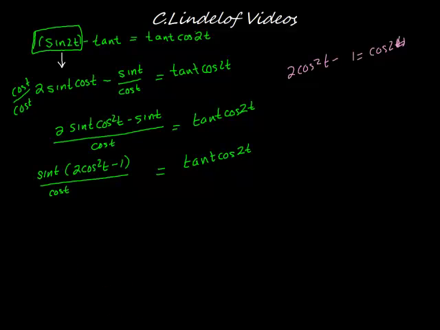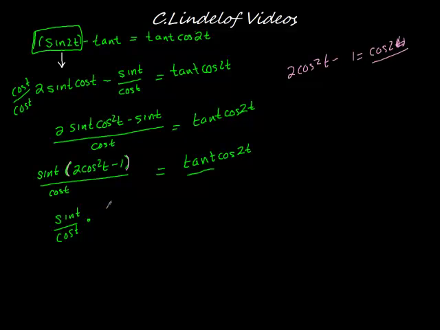So that's what I'm going to do. I'm going to leave this sine t over cosine t, which is tan, right? Times, I'm going to take this value right here, and I'm replacing it with this.